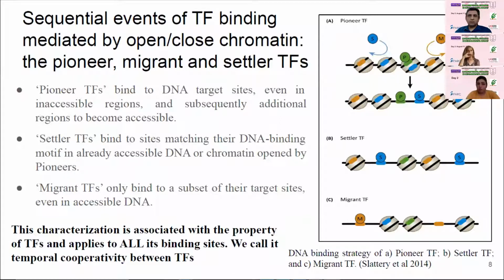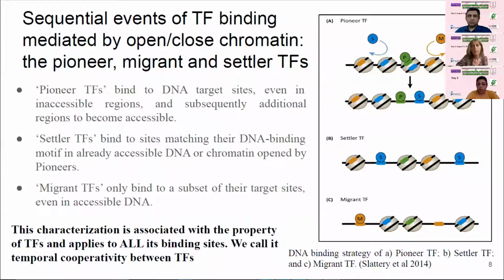The other two types are settler transcription factors and migrant transcription factors. They do not have any ability to bind to the inaccessible region of the chromatin. Settler transcription factors bind to their binding site if it is lying in open chromatin, whereas the migrant transcription factor is different in that it needs other cofactors to bind to its binding site.